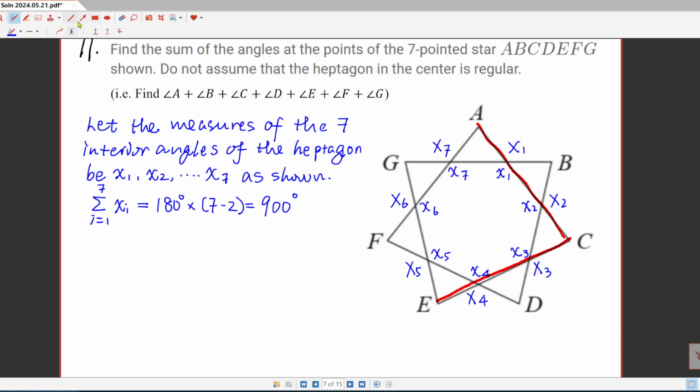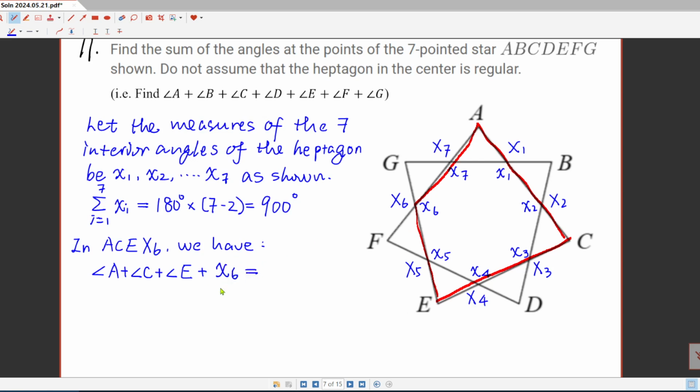For example, we could make use of the quadrilateral ACE x6. In quadrilateral ACE x6, we know the sum of these angles, angle A plus angle C plus angle E plus angle x6, right?